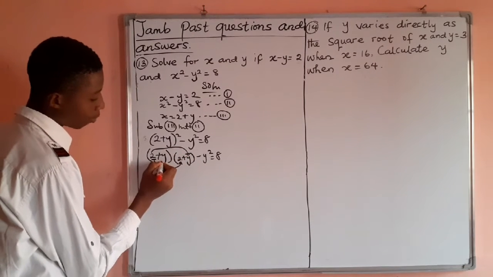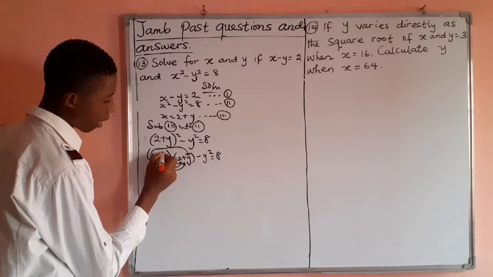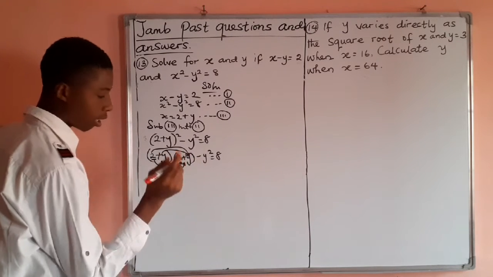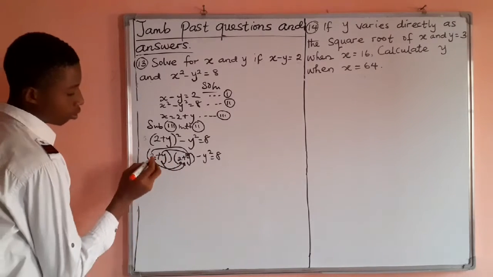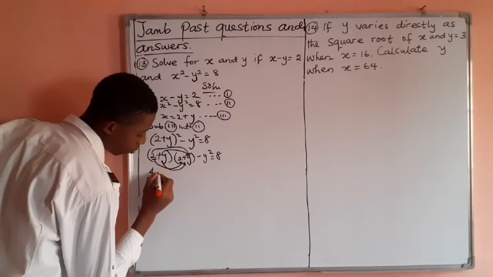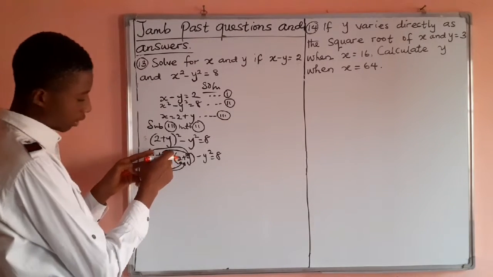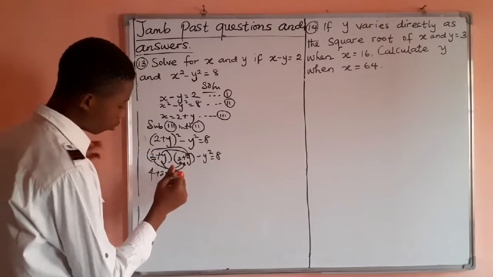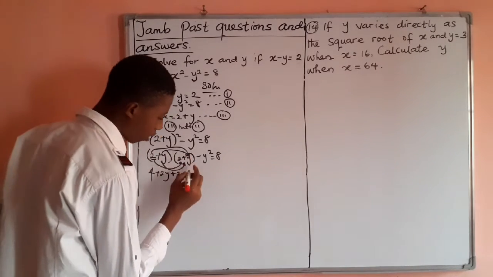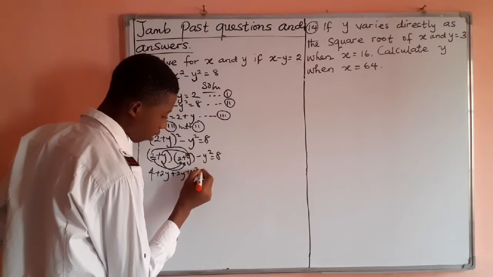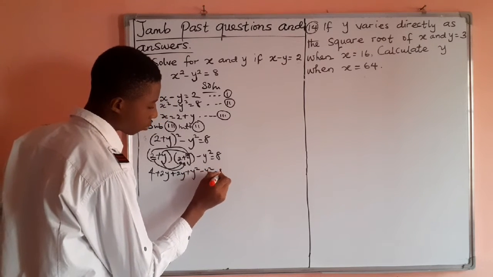Then we multiply plus y with the first 2 and also with the second y. 2 times 2 gives 4. 2 times plus y gives plus 2y. Plus y times 2 gives plus 2y. Plus y times plus y gives plus y squared. Then you bring down minus y squared equals 8.